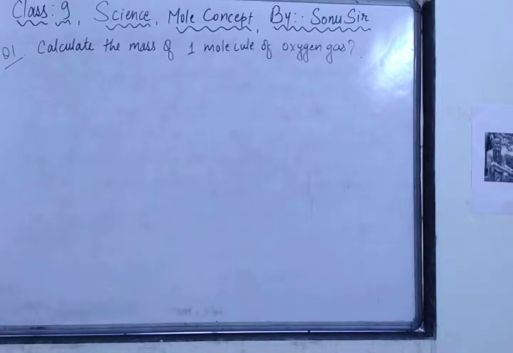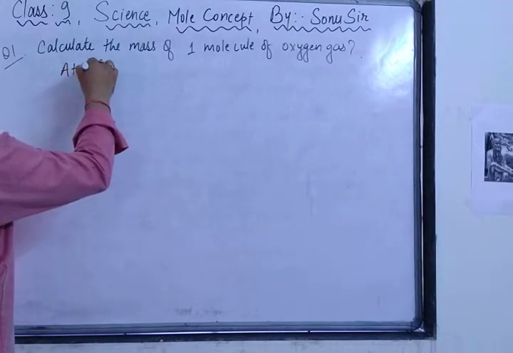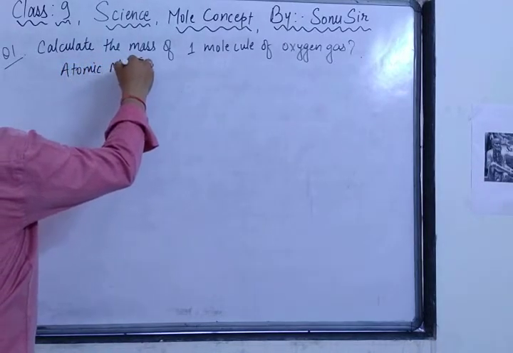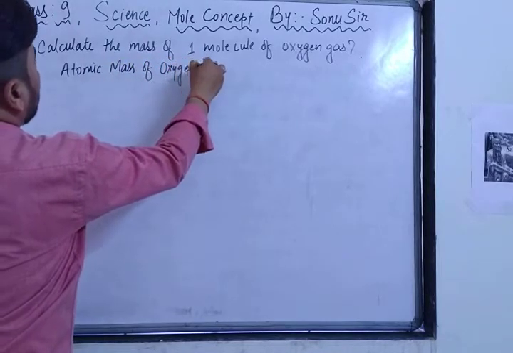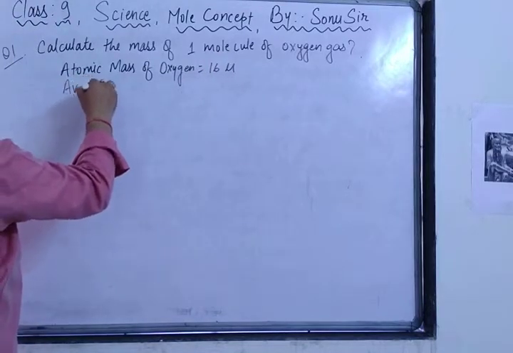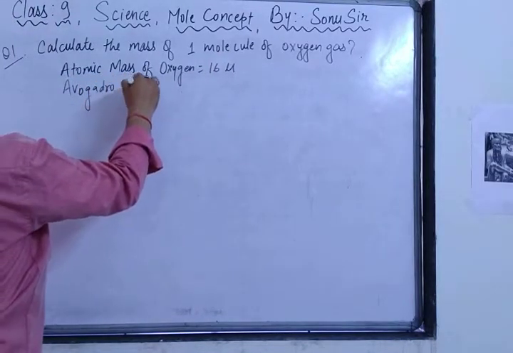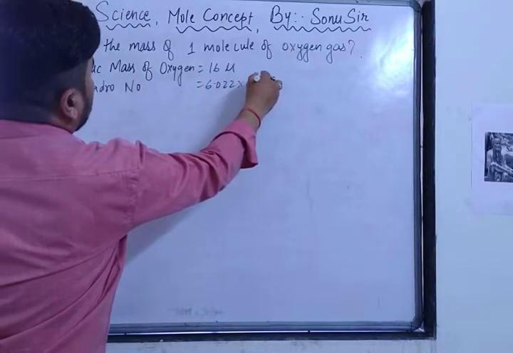And what is the Avogadro number formula? Can you tell me? So the atomic mass of oxygen is equal to 16 unit, and Avogadro number, can you tell me what is Avogadro number? 6.022 into 10 to the power 23.